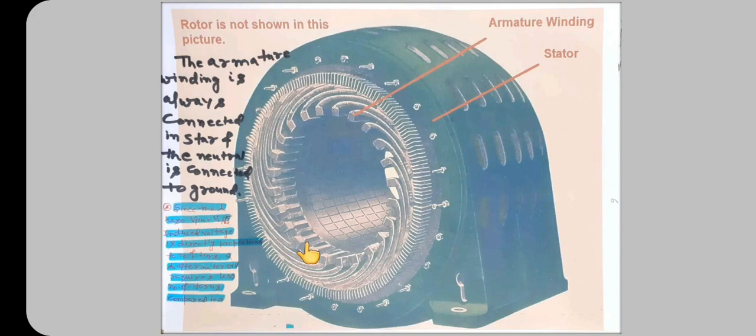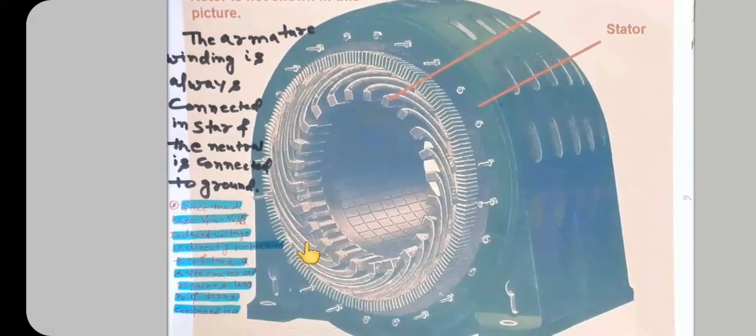Now the armature winding is always connected in star and the neutral is connected to the ground. The reason behind this: as we know, for star connection, the phase voltage is Vph equal to VL by root 3, and the induced voltage is directly proportional to the number of turns.